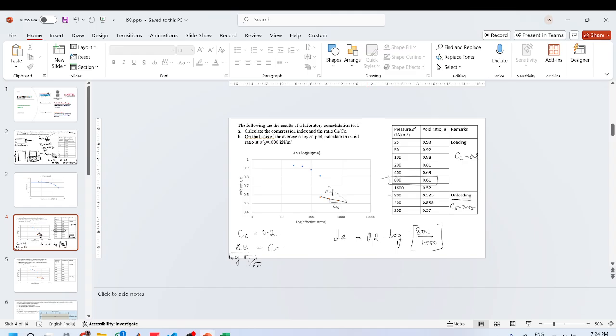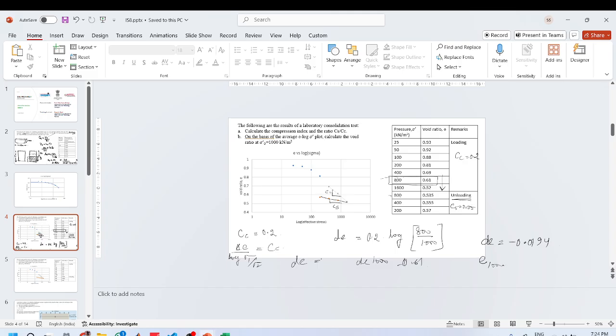So if I'm taking 800 to 1000, delta e, that is 0.61 minus e at 1000. Your delta e comes out to be minus 0.0194. So it will be lesser than 0.61.